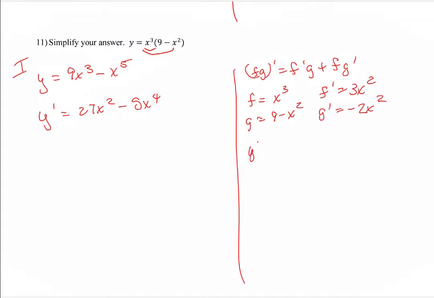So then y prime equals 3x squared times 9 minus x squared plus x cubed times minus 2x.